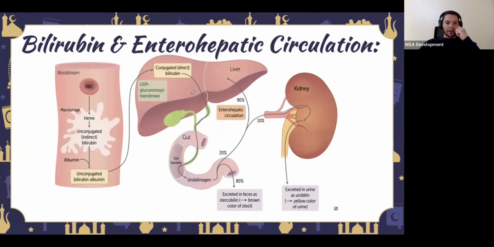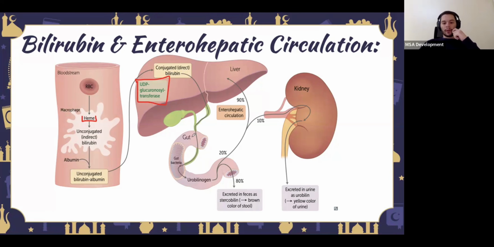Here's a quick schematic of how essentially bilirubin moves through your body. Really quickly, you have your RBC over here. It gets broken down. You have your heme molecule. Heme molecule forms your unconjugated bilirubin, which gets absorbed into the liver. Unconjugated bilirubin undergoes conjugation using an enzyme called UDP glucuronosyltransferase, which is important to remember.